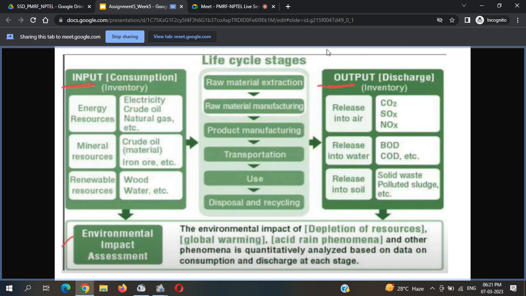And then we also see what output the system is generating, and what impact that output is having on the environment. And if we see the total impact from both the input and the output, then we can clearly see what an impact the whole life cycle of that product is having on the environment.